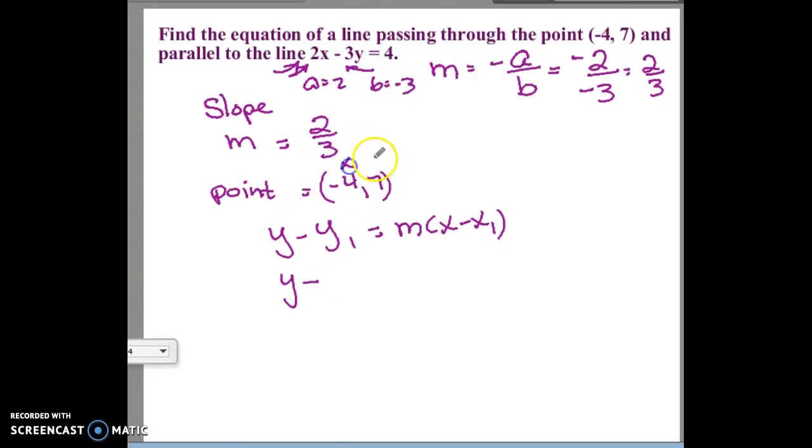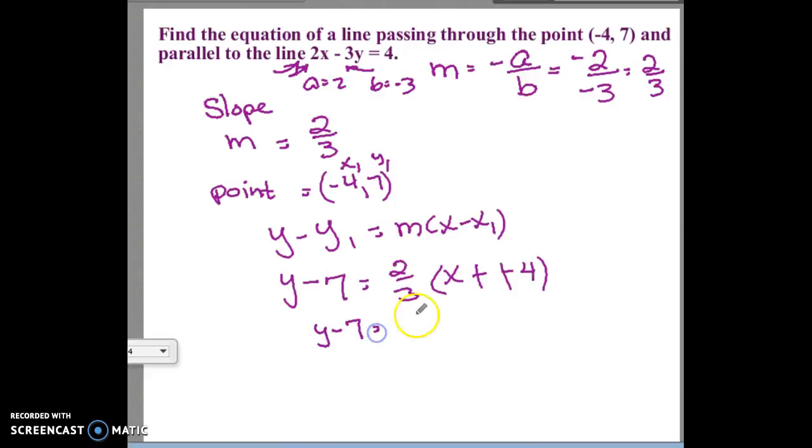And remember, this is my x, this is the y, it's the only point we have, so it's the first x and the first y. So I have y minus 7 equals my slope of 2/3 times x minus x sub 1, which is -4. Minus negative becomes plus positive.